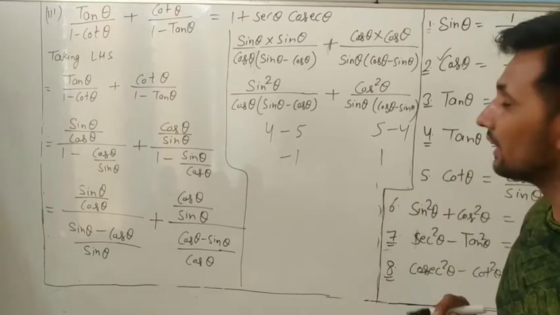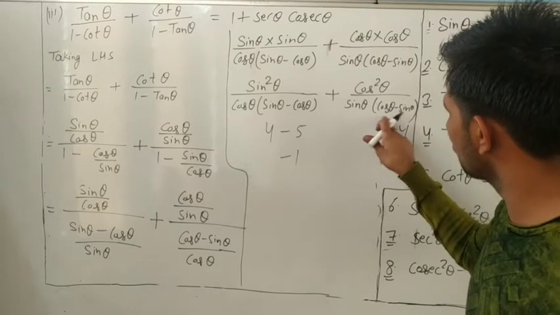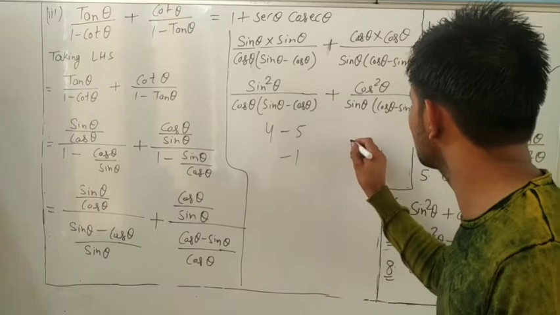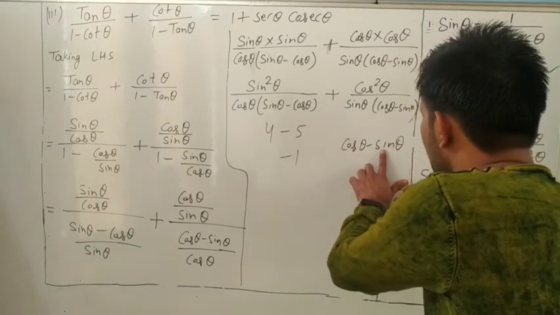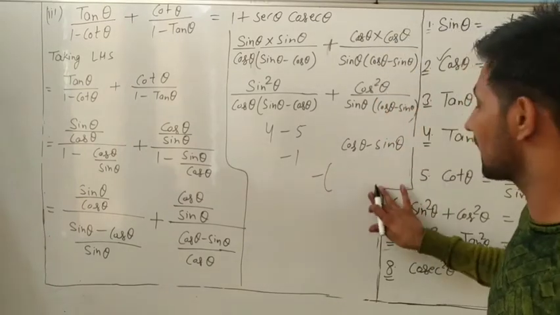So if we take minus common from cos theta minus sin theta, minus common always changes the sign.